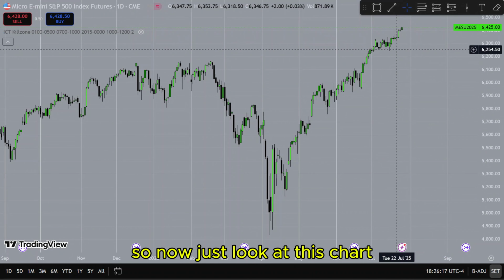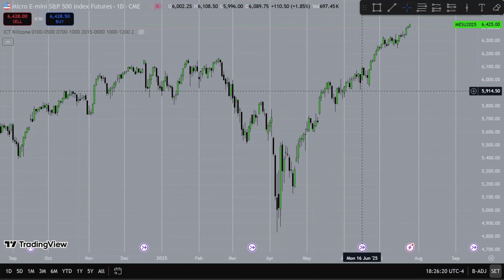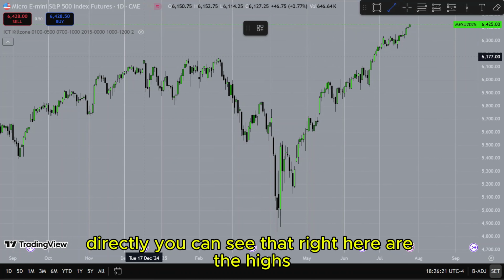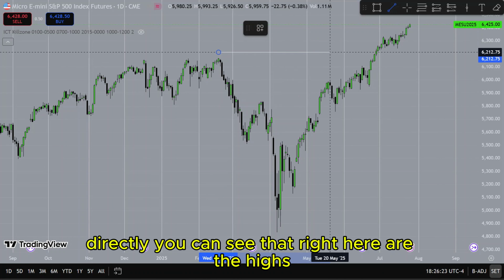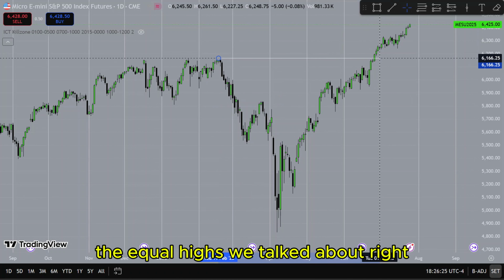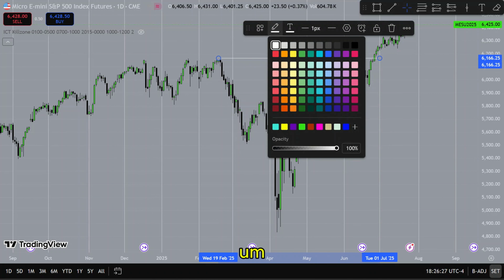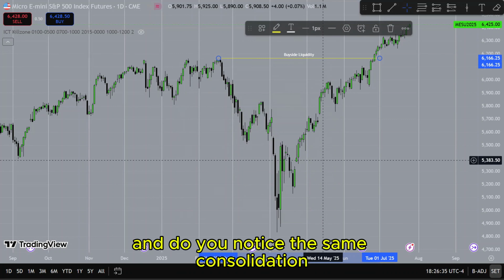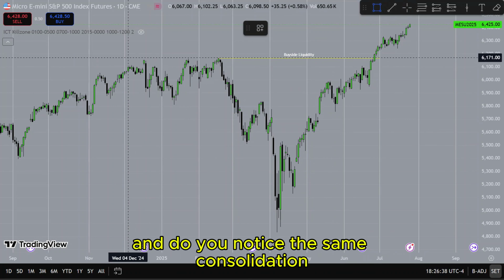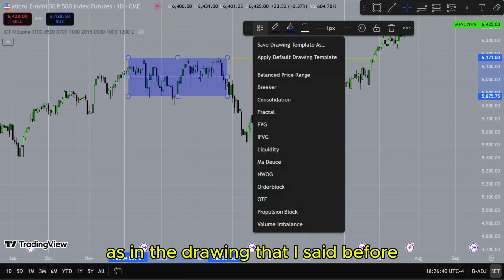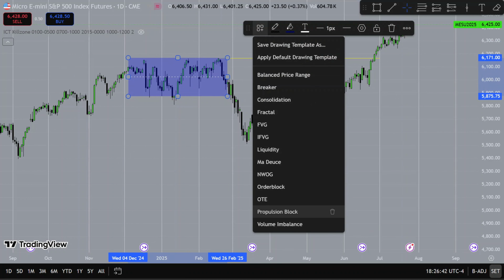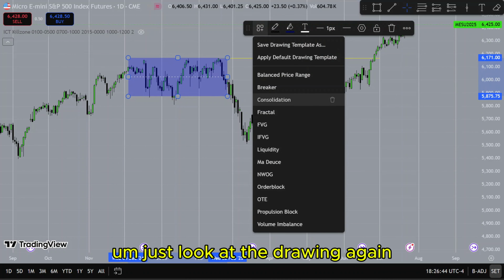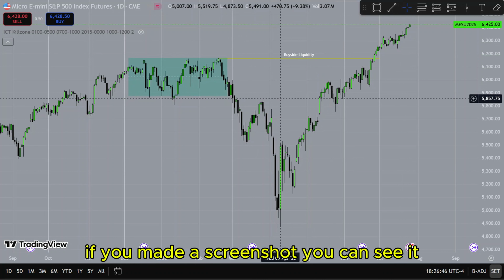So now just look at this chart. Directly you can see that right here are the highs, the equal highs we talked about, right? So here's the buy side liquidity. And do you notice the same consolidation as in the drawing that I said before? Just look at the drawing again. If you made a screenshot, you can see it.